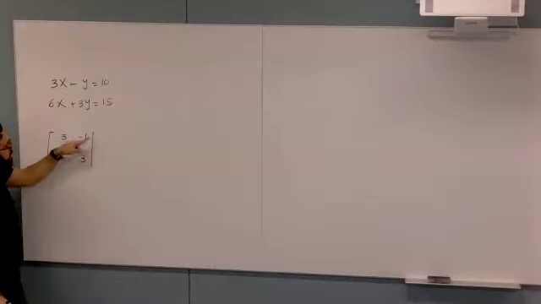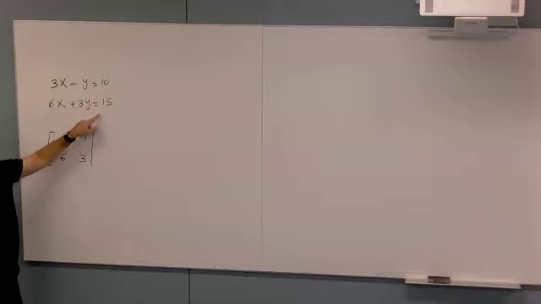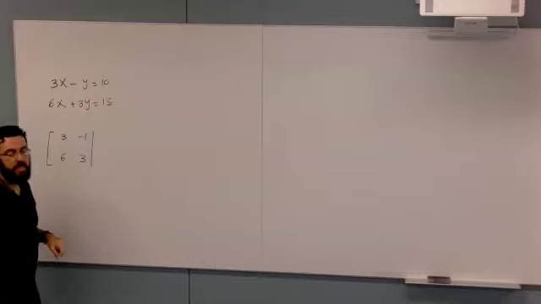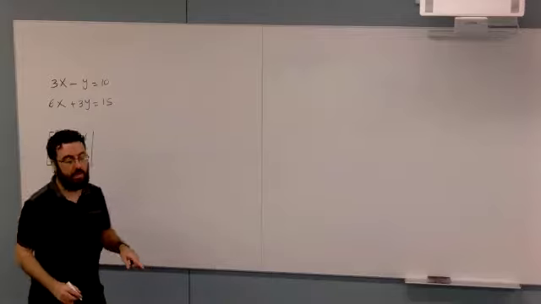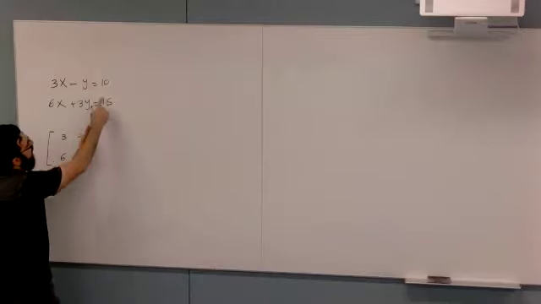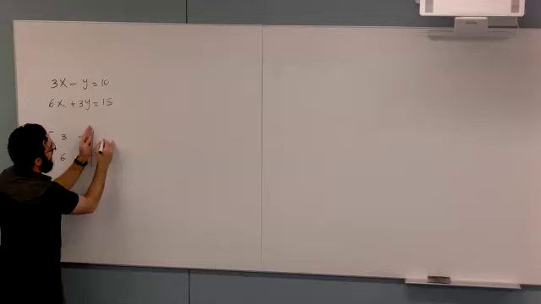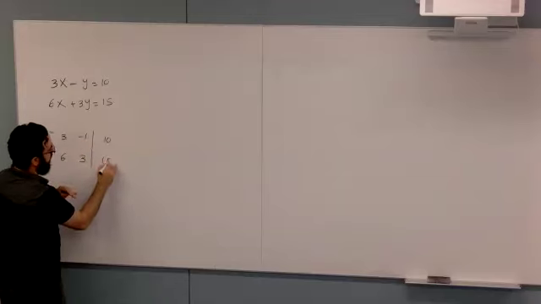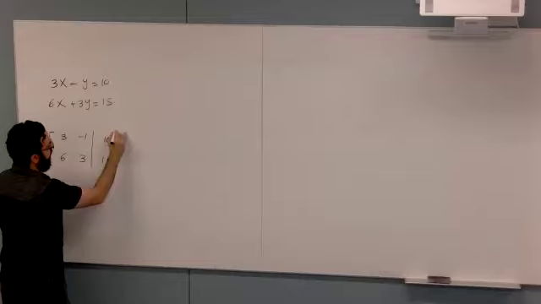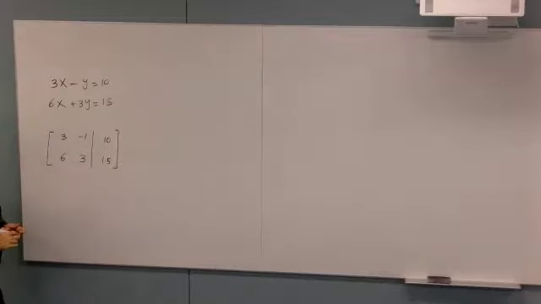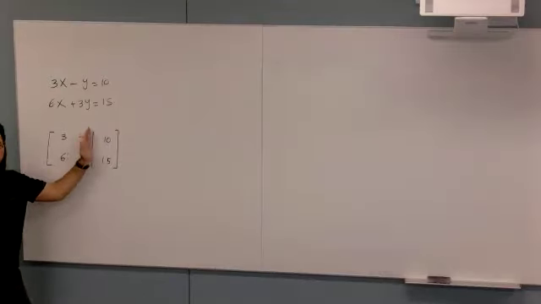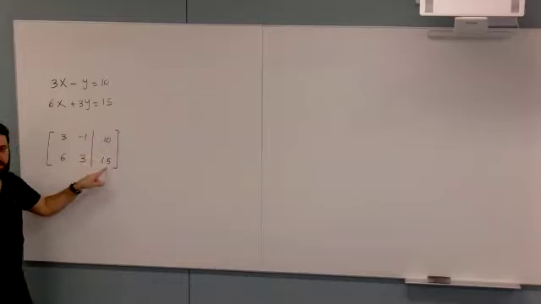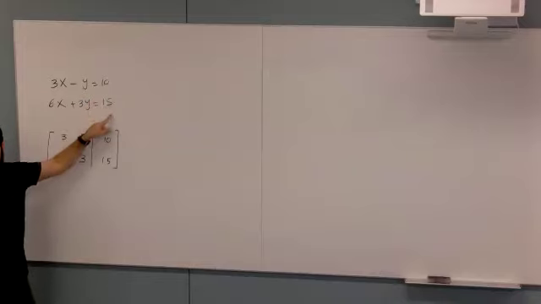I'm going to put the line. This is the equal sign. Okay? Sometimes they're not going to put the line. You're going to write it without the line. What's the number here? 10 and 15. Close it. Sometimes there is no line. Still, the last two numbers are going to be the other side.